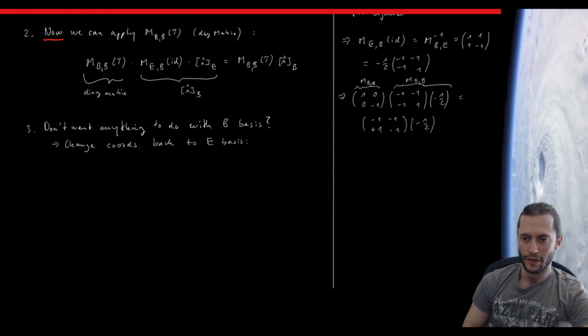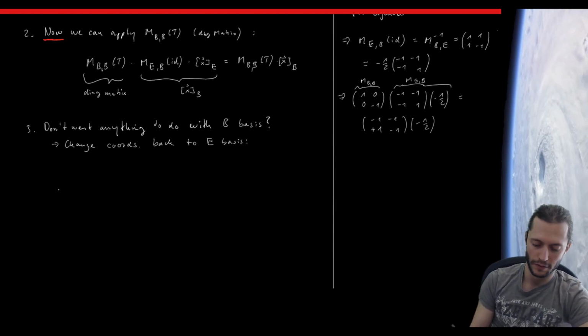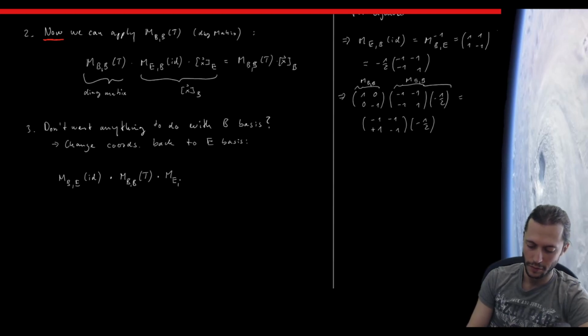Well, what do we do there? We put another matrix in front. This one, the matrix which transforms our coordinates from B coordinates back to E coordinates, doing nothing with the vector: the identity map, a change of coordinate matrix, and multiply the rest. MBB, this was the actual map T. Then we had the forward transformation in the beginning, but actually doing nothing on the vector. And we applied it to a vector in standard coordinates.